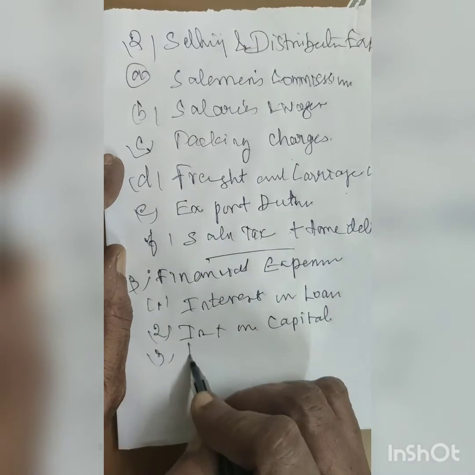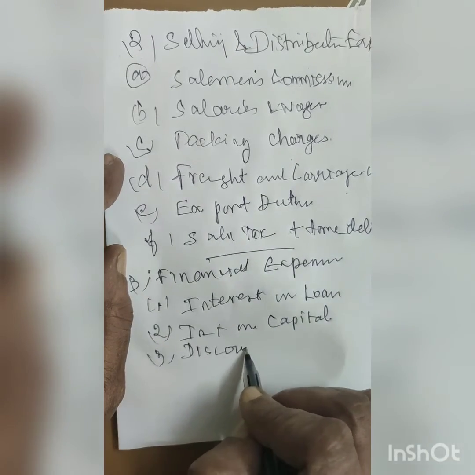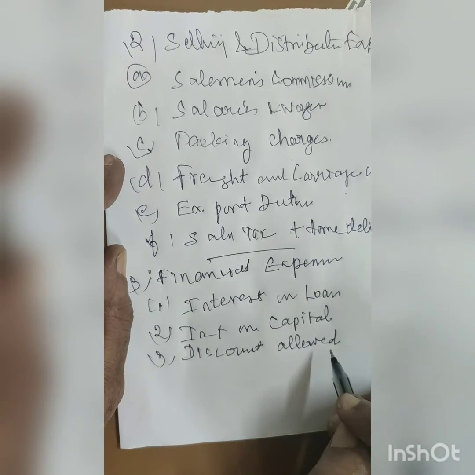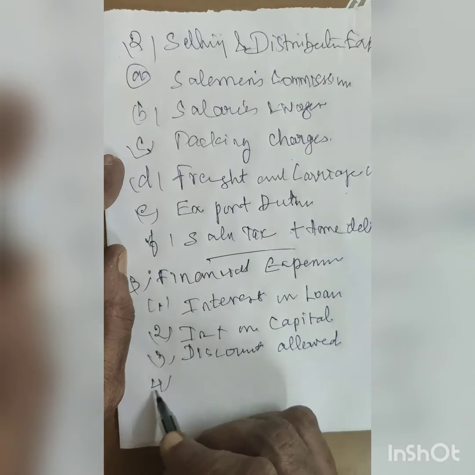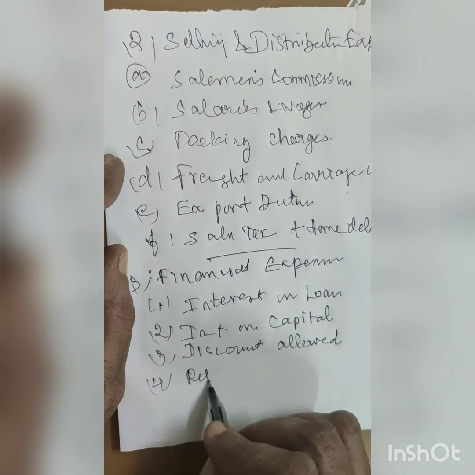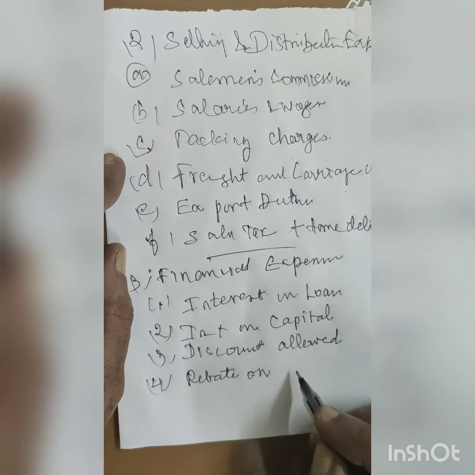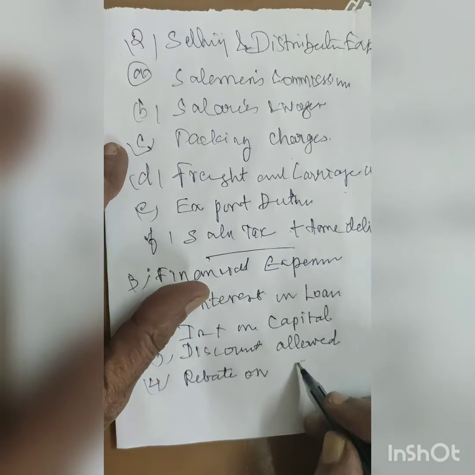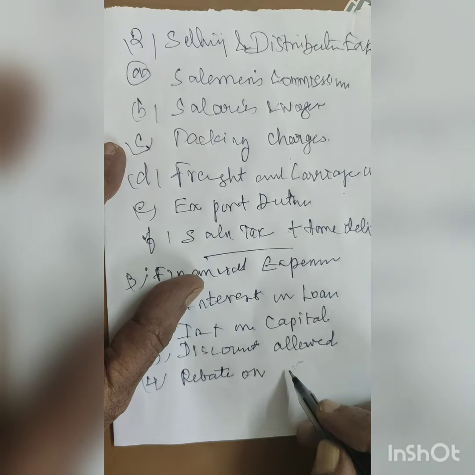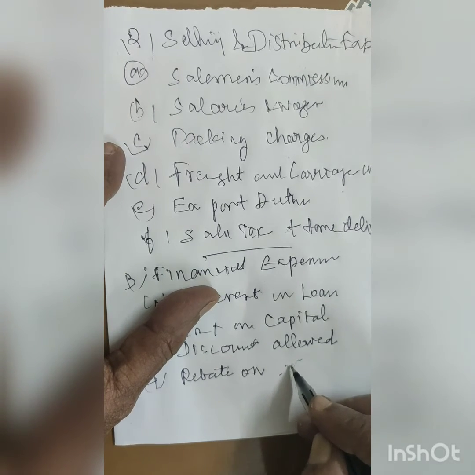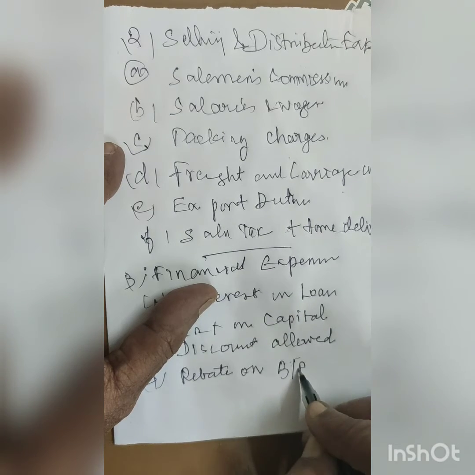Number 3, discount allowed at the time of prompt payment. And the next one, rebate. When the bills are discounted at an earlier date, some reward should be given to the person who discounts the bill. So that discount is called the rebate on bills receivable.